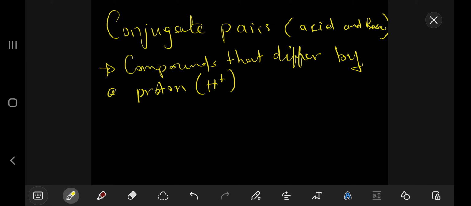So the simplest way of identifying this is that if you have an acid, for example HCl, and you want the conjugate base for this acid, you just subtract one hydrogen.